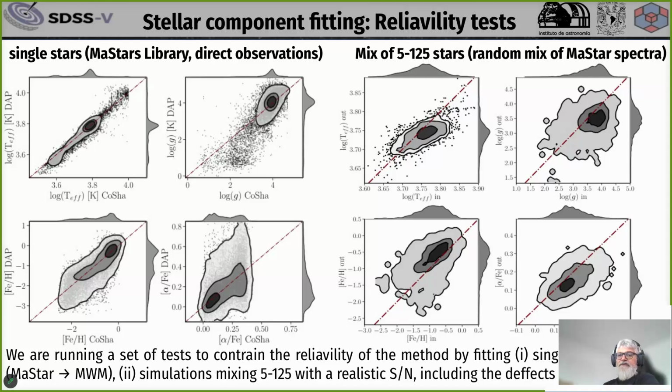When you mix stars randomly, between 5 and 125 stars, the situation is not that nice, and it's not completely right to make this comparison here, because we are all the time saying that what we get is a PDF, and this is marginalized. That is the average.